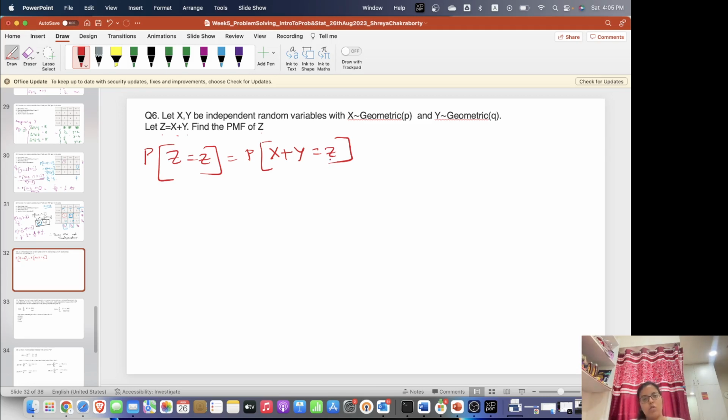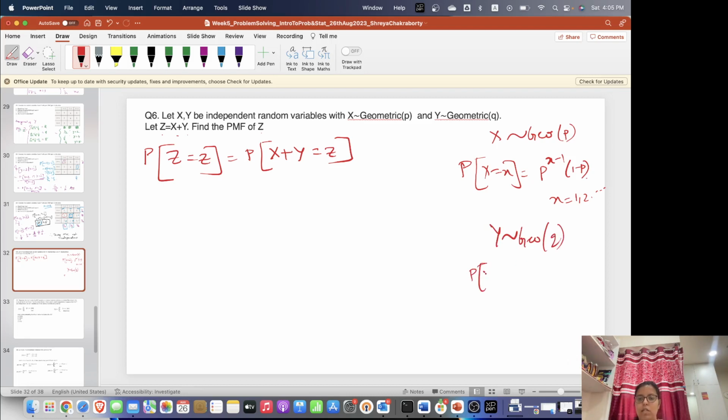Now x is geometric p, so f_X(x), or rather probability x equal to x, is p to the power x minus 1 into 1 minus p, where x equals 1, 2 and so on. y follows geometric q.